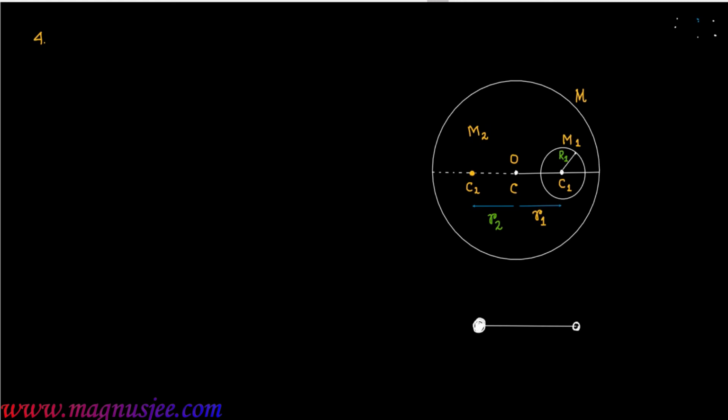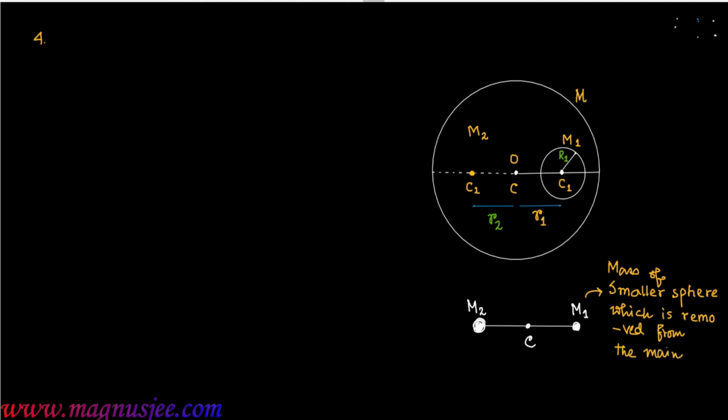So if we compare this with a system of two particles having center of mass C, the two particles have masses m1 and m2. m1 is the small sphere which will be removed from the main sphere, and m2 is the mass of the truncated sphere, the remaining portion after removal of the small sphere.